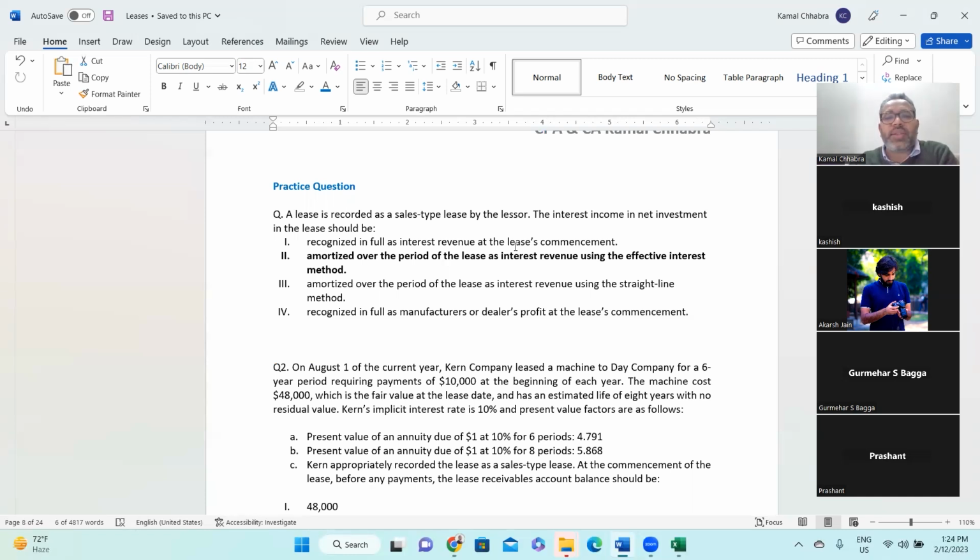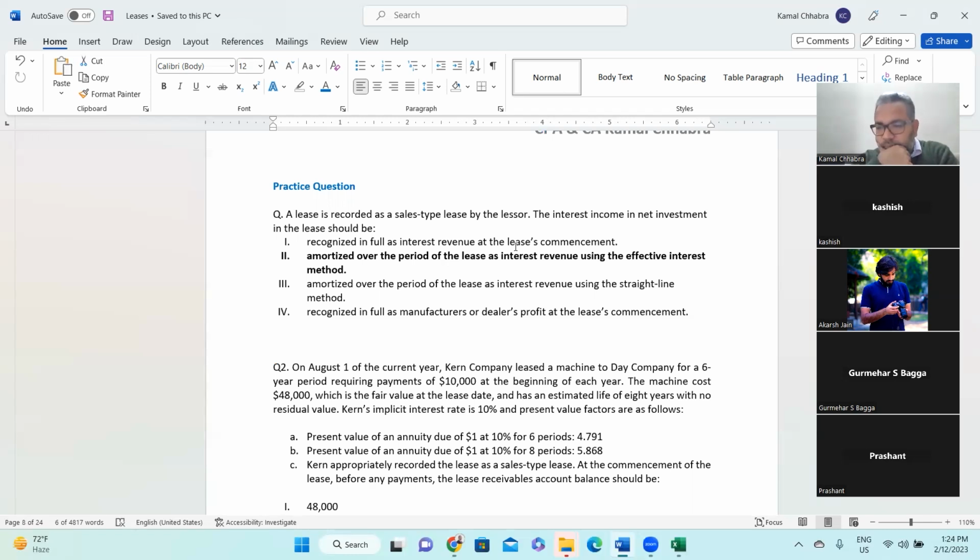Second, amortized over the period of the lease as interest revenue using effective interest method. Third, amortized over the period of the lease as interest revenue using straight line method. Fourth, recognized in full as manufacturer or dealer profit at the lease commencement. What should you do for the interest income?